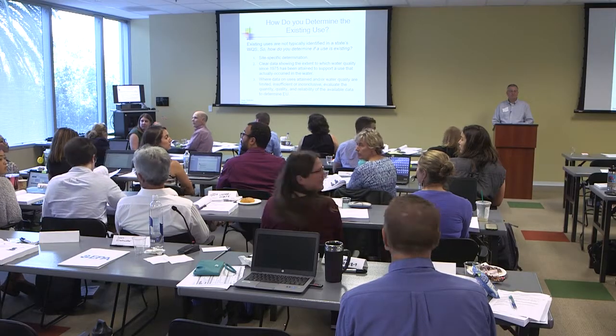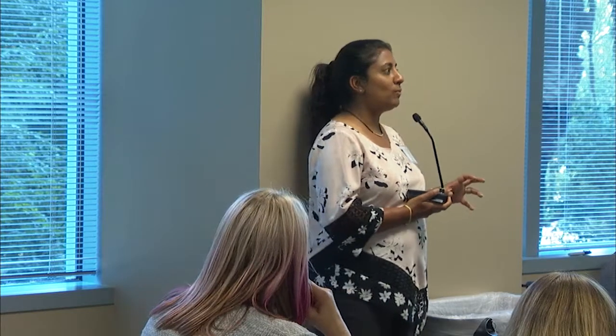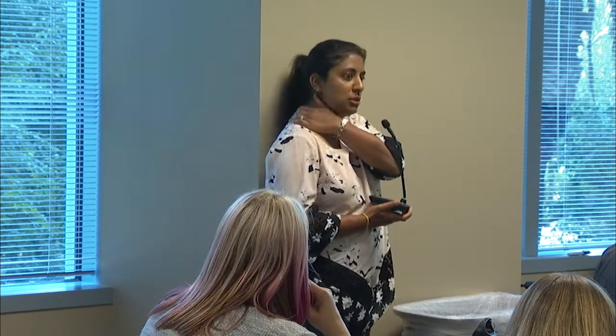I don't know, how many people here work with Deb Smith? Okay, well, when she was here, she worked really closely with us when we were writing our preamble to the proposed rule and to the final rule.